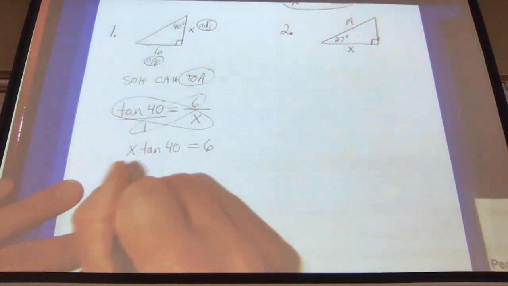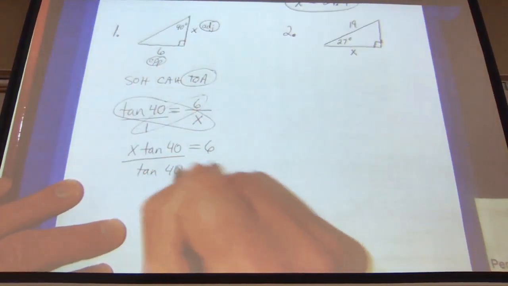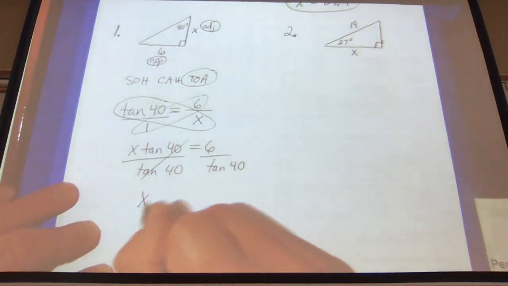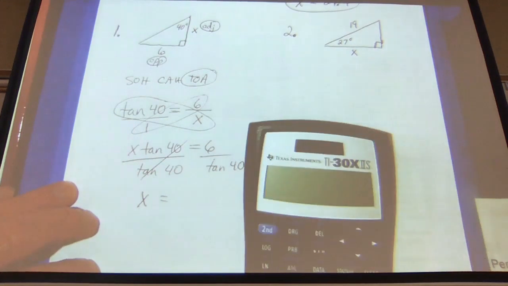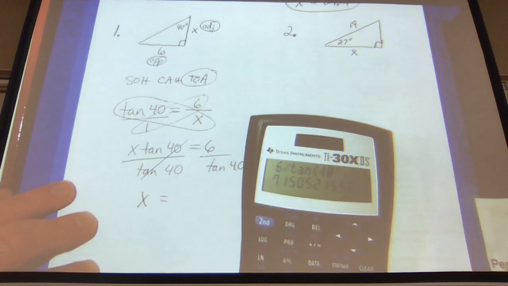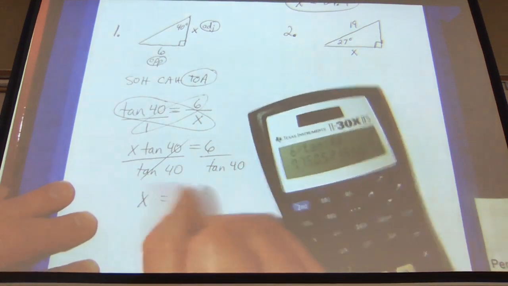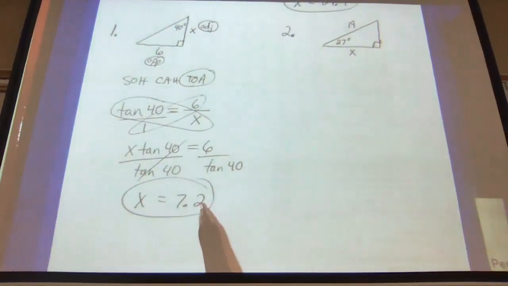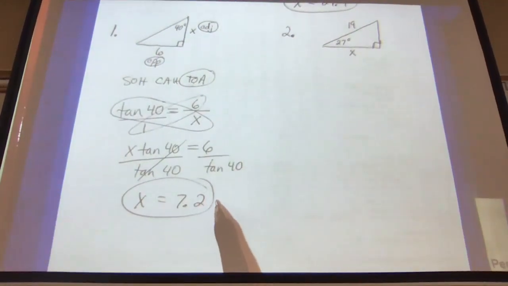To get the x all by itself, we divide by the tangent of 40. Those reduce down to 1, leaving you x. And then on your calculator, we want 6 divided by tangent of 40. About 7.15, so we'll round that to about 7.2. Any questions on how I got to 7.2?